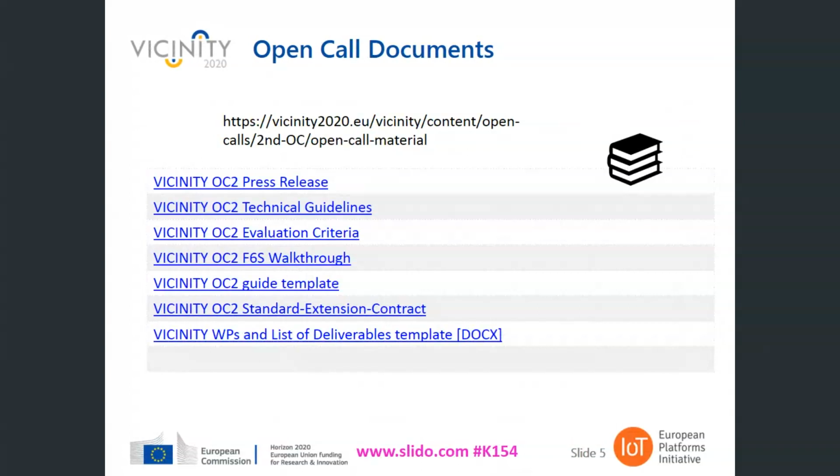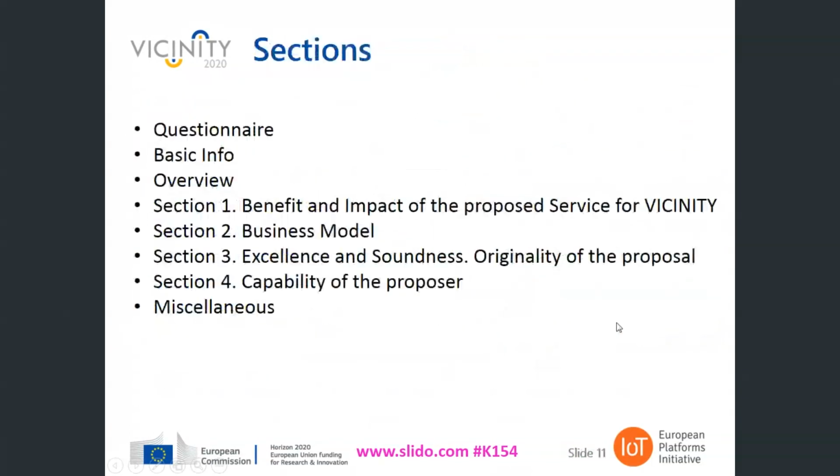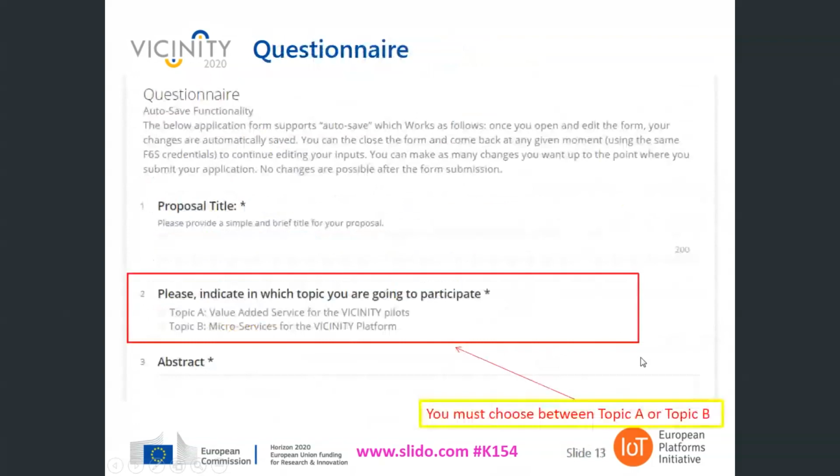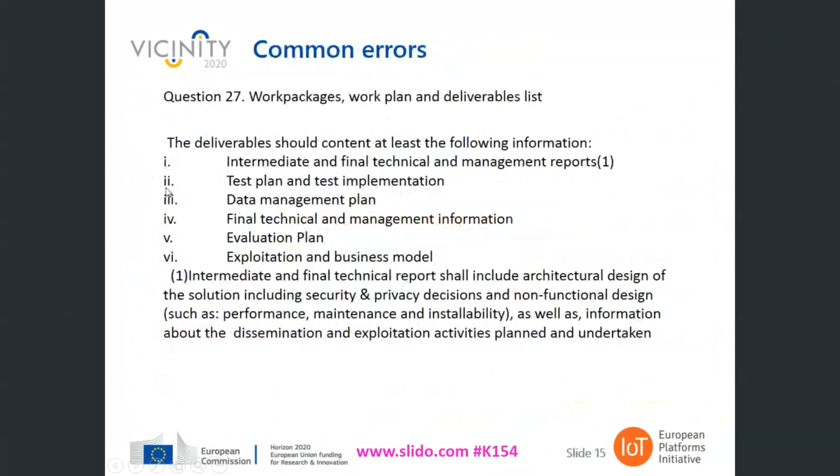What is the difference between 1 and 4 in the mandatory deliverables list? Test plan and test implementation, and 5, evaluation plan.